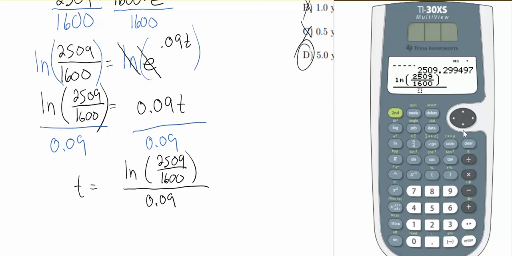I'm going to end that fraction, move my cursor down to the bottom where I type in 0.09. I hit enter and I get that answer of roughly 5.0. And we can see why plugging in 5.0 didn't give us the exact answer of 2509, but it gave us something close, because it wasn't actually 5 years, it was actually 4.998673757 years. Close enough.